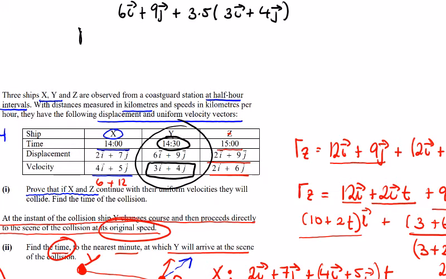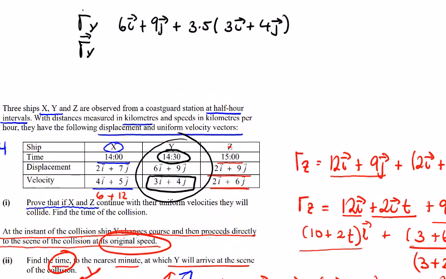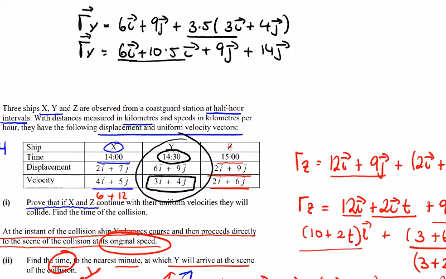So this is the relative position of Y. What's that equal to? 6i plus 10.5, plus 9j plus 4 times 3.5, or 14. So you have 6 plus 10.5 is 16.5i plus 23j. So this is the relative position of Y in relation to this crash, or in relation to the Coast Guard.